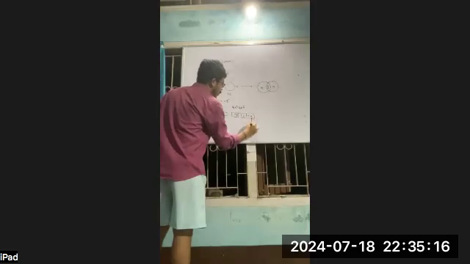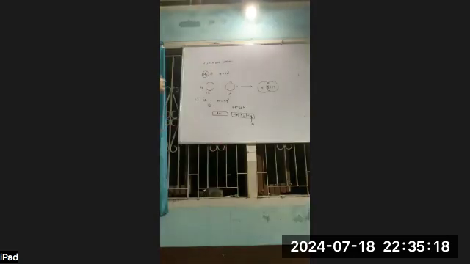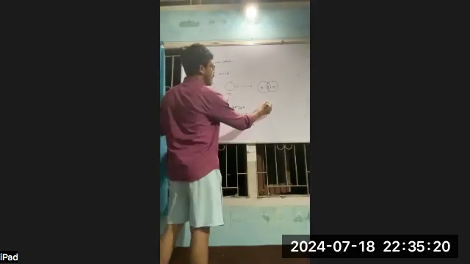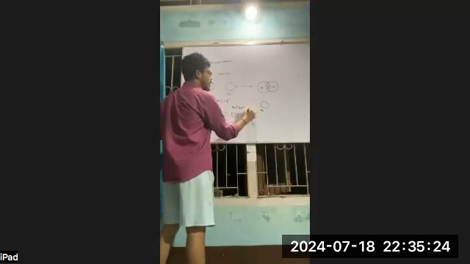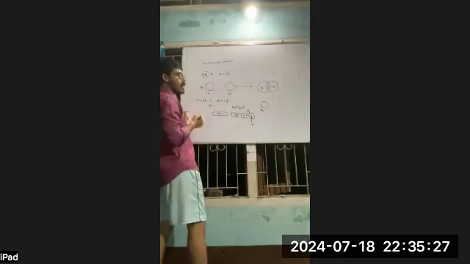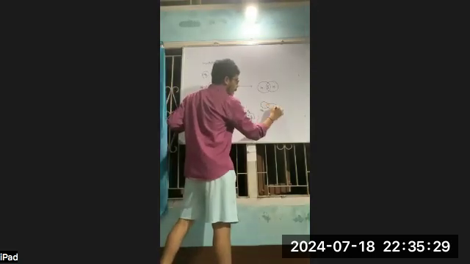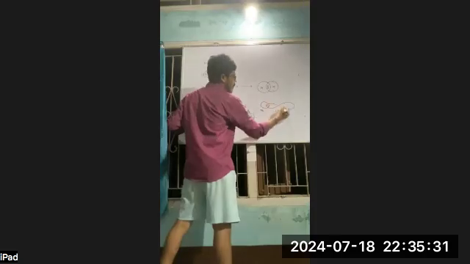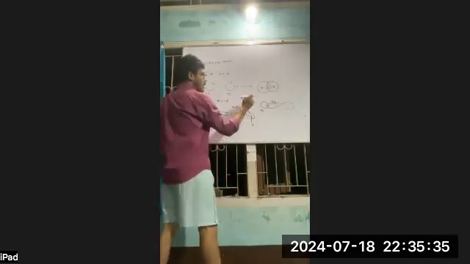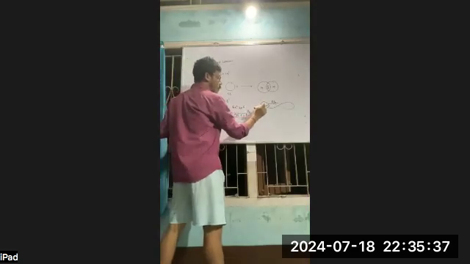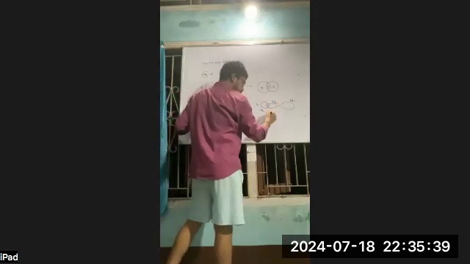We can see this as an orbital overlap also. Hydrogen has 1s orbital. This is the pz orbital of chlorine atom, and it comes and overlaps with hydrogen. This is the 1s orbital of hydrogen atom. These two orbitals overlap, and it will form HCl.